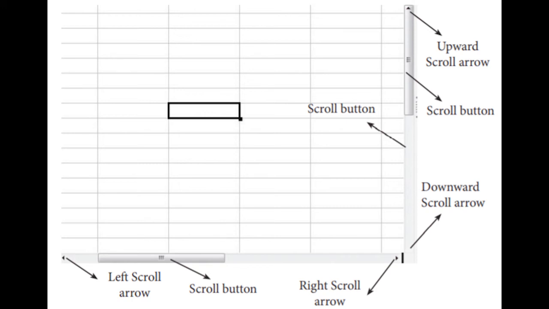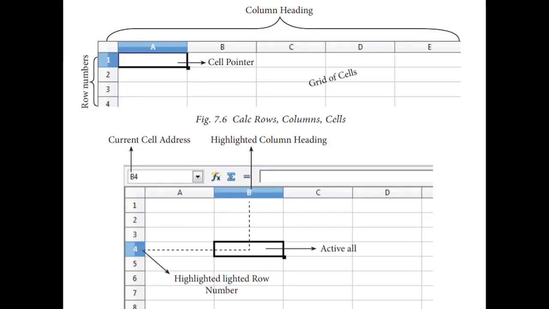scroll bar, right? Next, we are going to see about row, column, and the cell, right? Below the formula bar, we can see the worksheet or the work area, right? This will have some cells. It will have some grid lines to separate each cell, and it will show you the rows and columns there, right?